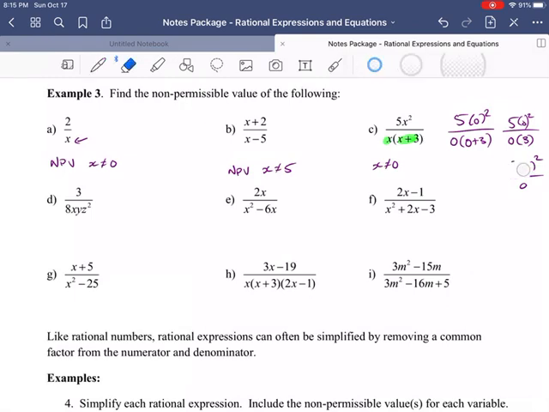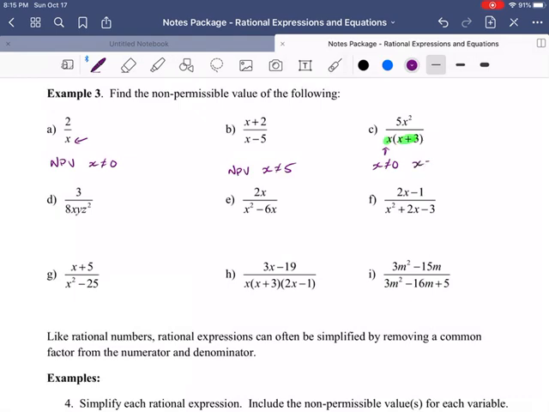And you can't do that. So it doesn't matter which term in the bottom you make 0, they both will. So x cannot equal 0, that's for that one. And x cannot equal negative 3, that's for that one. And you can write these as 0, negative 3. You can just write it in one spot.